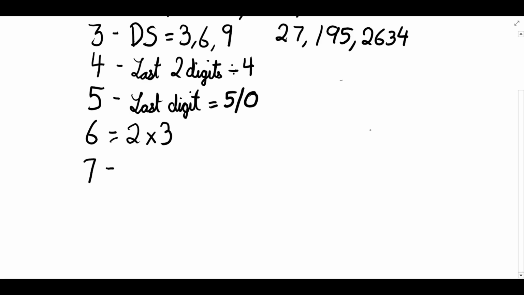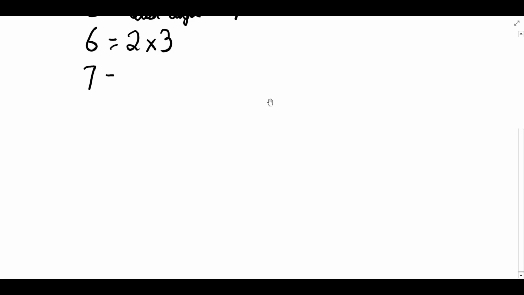Now 7. This is what I promised you today. So let me just explain. It's a very simple rule that you could also do in your head like most of the others. Take a number, 343. Now what you do, take the last digit, double it.